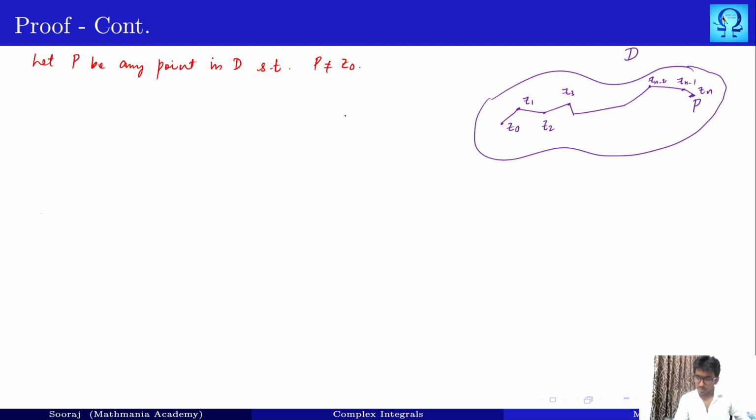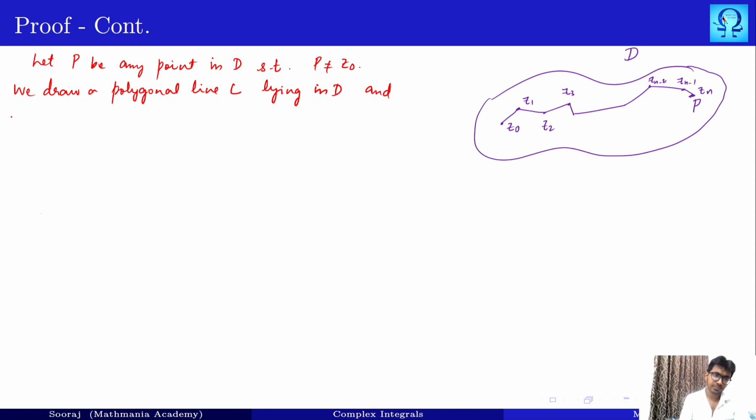We now draw a polygonal line L that is lying in D and extending from z naught to P, which is the same as our zn.